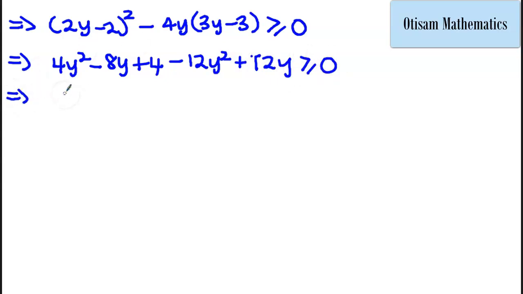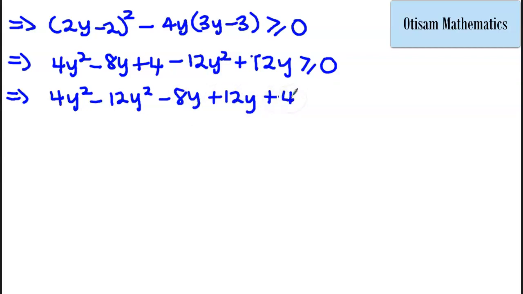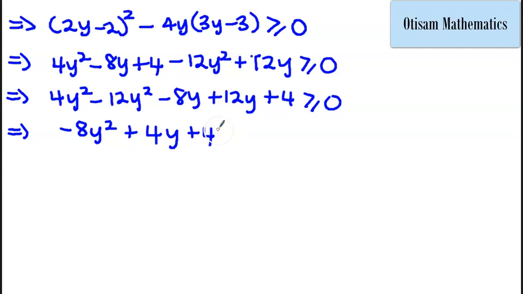Let's group the like terms. 4y squared minus 12y squared minus 8y plus 12y plus 4 is greater than or equal to 0. So 4y squared minus 12y squared is minus 8y squared, then minus 8y plus 12y is 4y, plus 4, greater than or equal to 0.